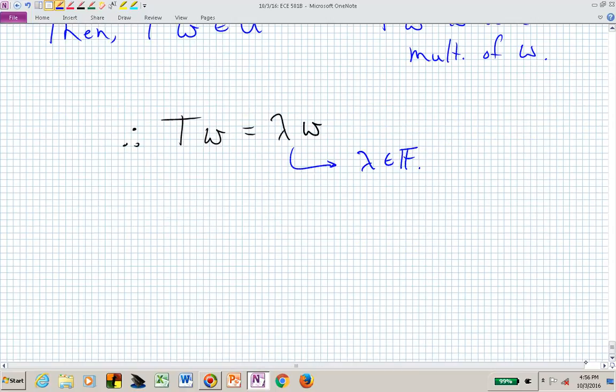And that expression should look very familiar to what we've already been doing. But we basically derived that equation by talking about one-dimensional invariant subspaces.